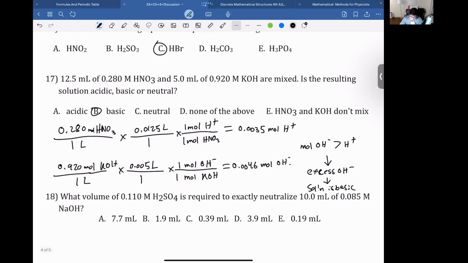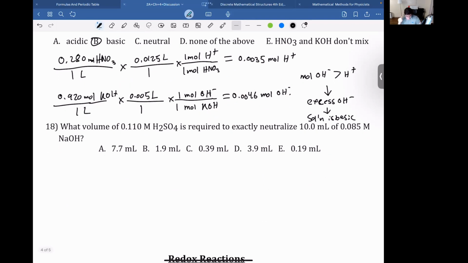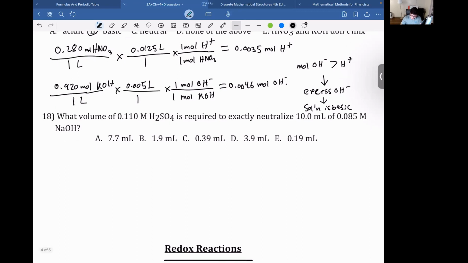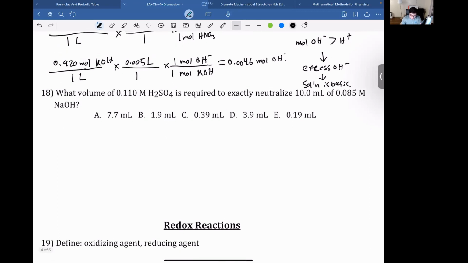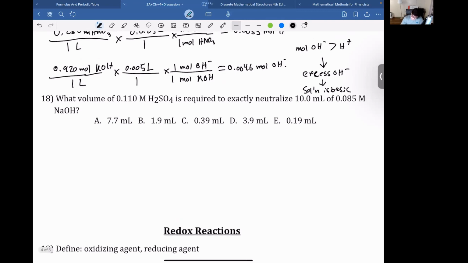18 is what volume of 0.110 molar H2SO4 is required to exactly neutralize 10 milliliters of 0.085 molar NaOH. Okay. So we're doing the same thing here, kind of as before. We know how much NaOH we want to neutralize.